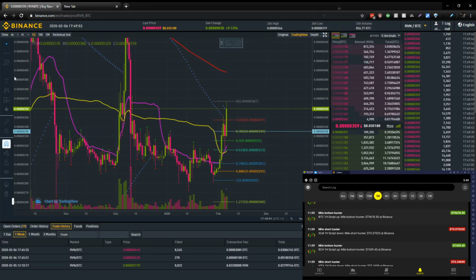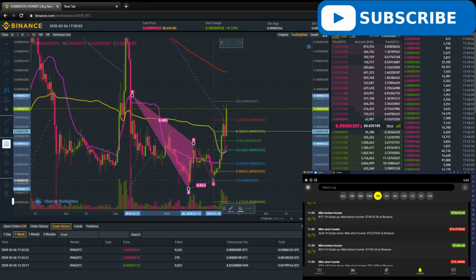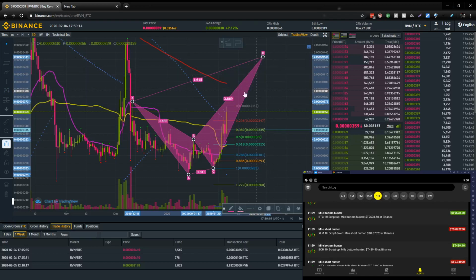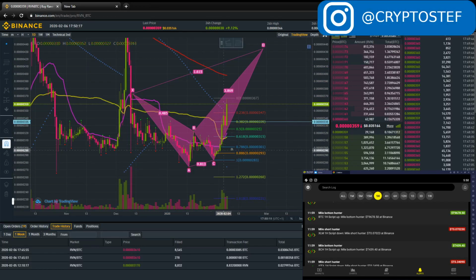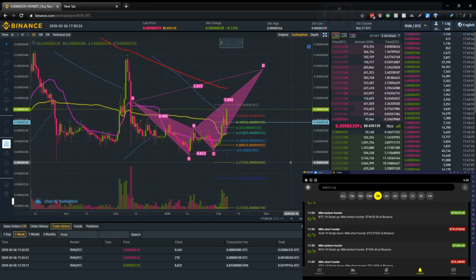So where was the 1272? If this is not a bet, it will probably be some kind of butterfly or crab. So here is your crab or a butterfly, 1618. No, this is a crab. So here is your bearish crab target, 428. But that's right now in the realm of possibility.